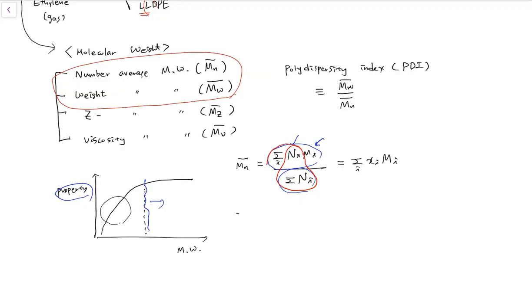Secondly, weight average molecular weight is defined as the sum of Ni Mi squared over the sum of Ni Mi. This is the definition.